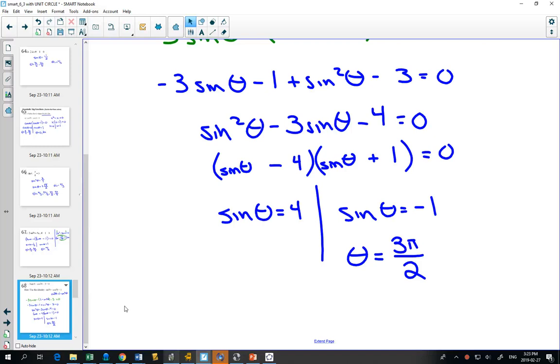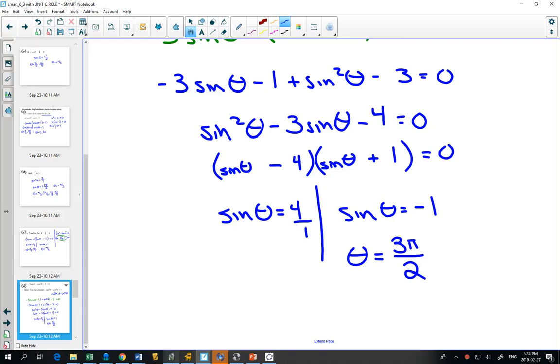What's wrong with sine theta equals 4? How would you know without your calculator telling you it's an error that that's a problem? Well, maybe it's easier to see if I say 4 over 1. Where you're like, yeah, 4 is 4 over 1.